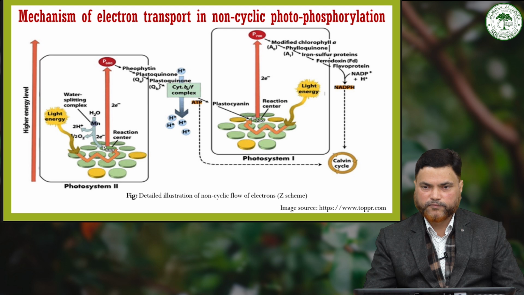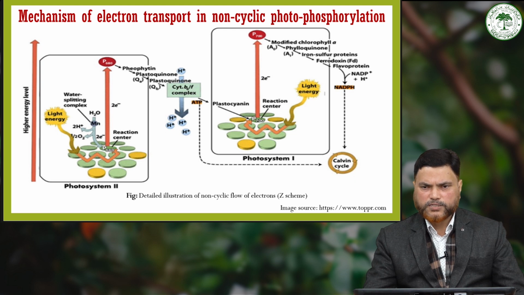Cytochrome B6F then transfers an electron to plastocyanin, which is a small water-soluble copper-containing protein in the thylakoid lumen that shuttles electrons between the cytochrome B6F complex and P700 of photosystem 1.